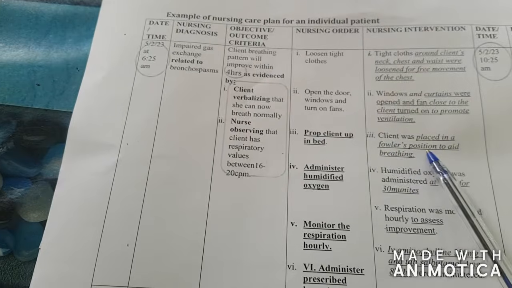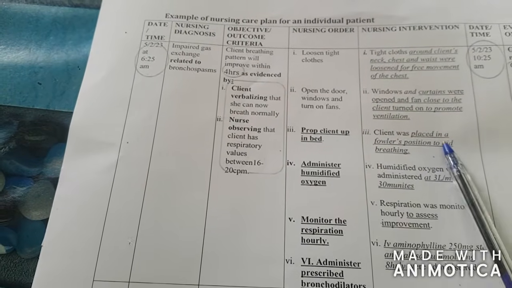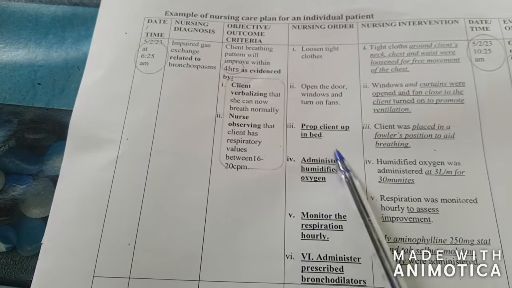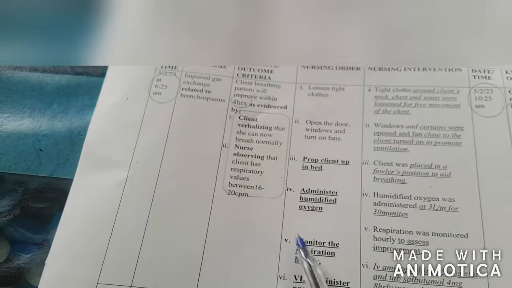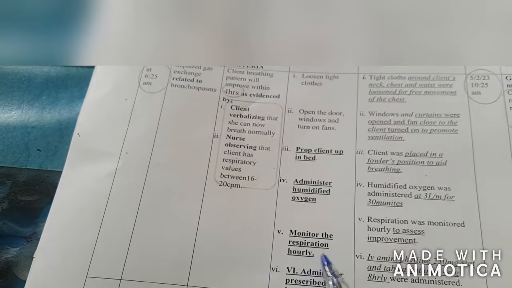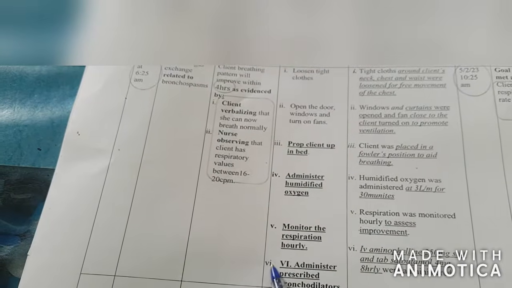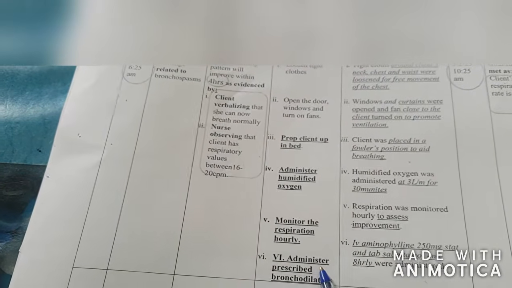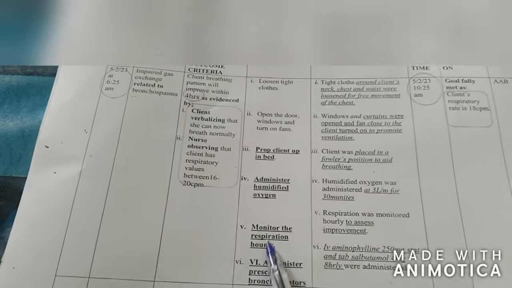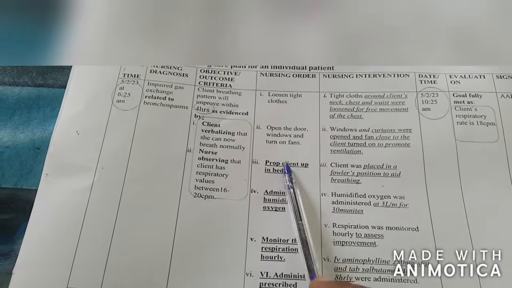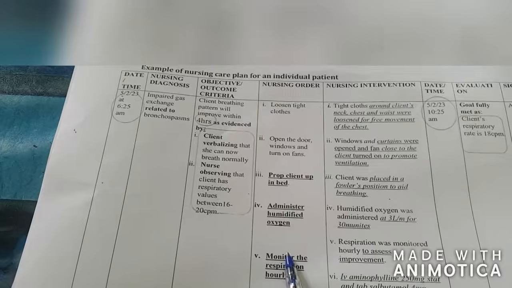That is bed making, where you can prop the patient up in bed. There's a task on administration of oxygen in advanced nursing. There's a task on checking respiration, which is vital signs. There's a task for administration of medication. So examinable tasks are the ones that have been bolded and underlined.